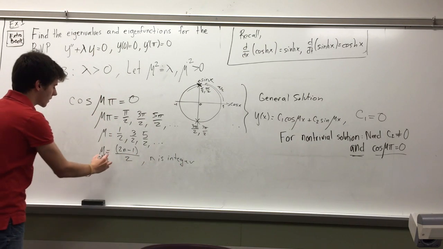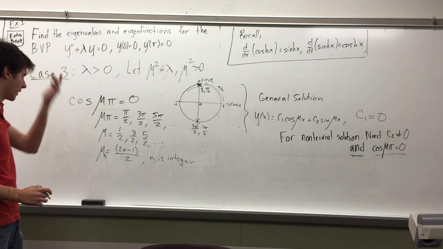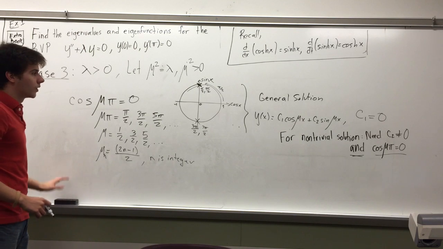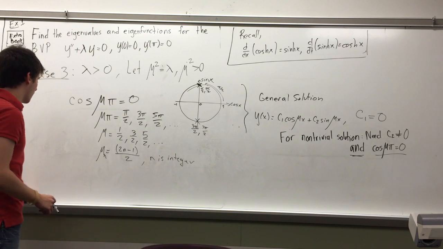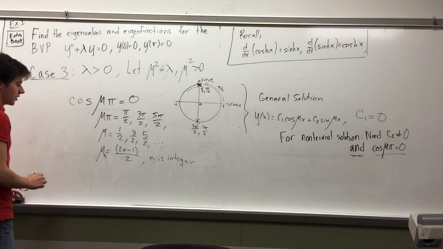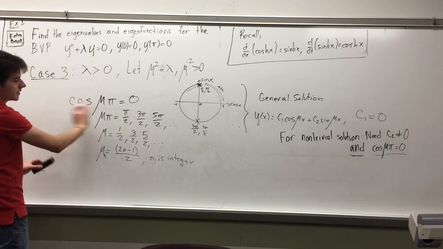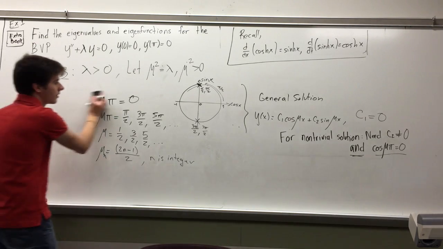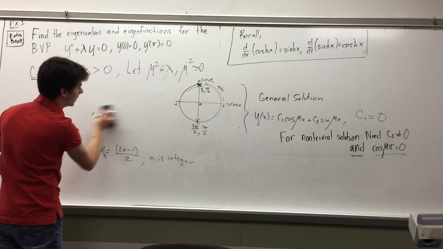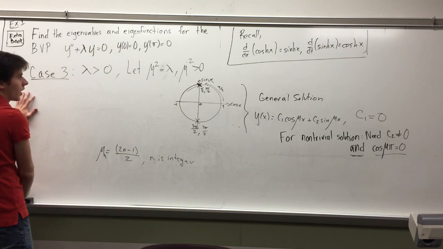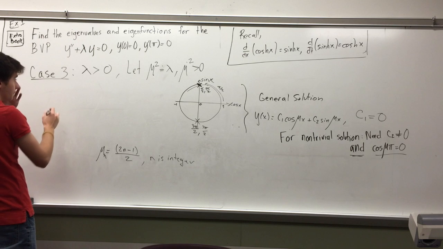Alright, so this is our expression for mu of n. Once we're here, it's pretty easy to find our eigenvalues and eigenfunctions. Let me erase this part again because I'm running out of space.